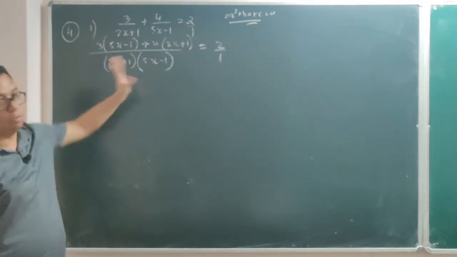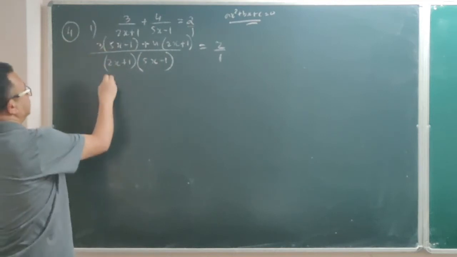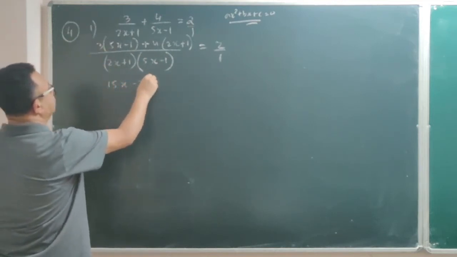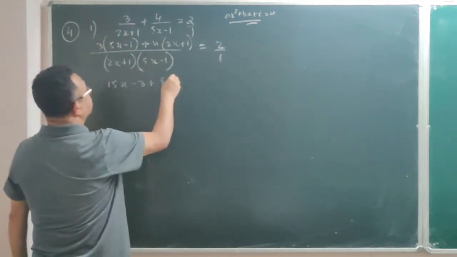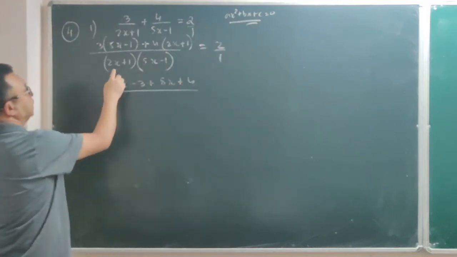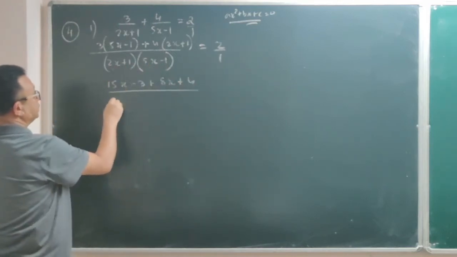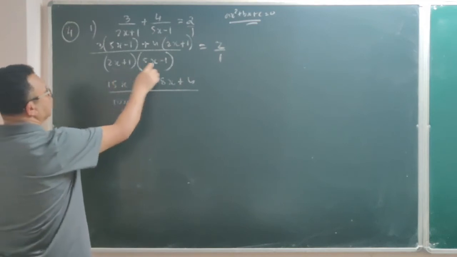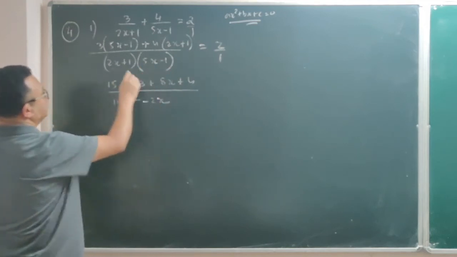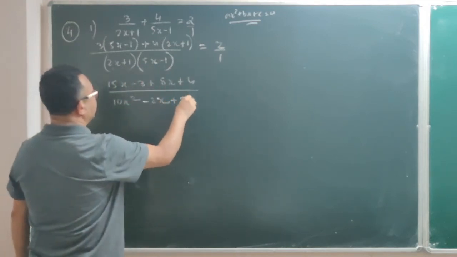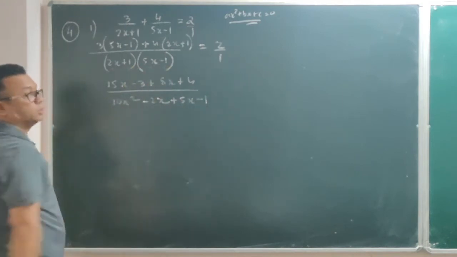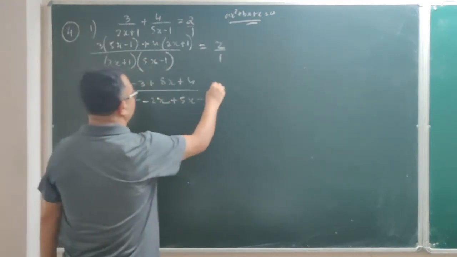So let me now open the bracket. This is 15x minus 3 plus this is 8x plus 4. Lower side also if I multiply, 2x into 5x is 10x square, 2x into minus 1 is minus 2x, 1 into 5x is positive 5x, and 1 into minus 1 is minus 1, equal to 2 by 1.